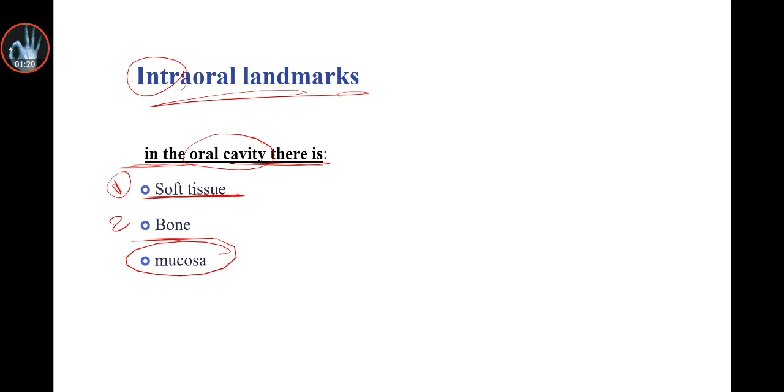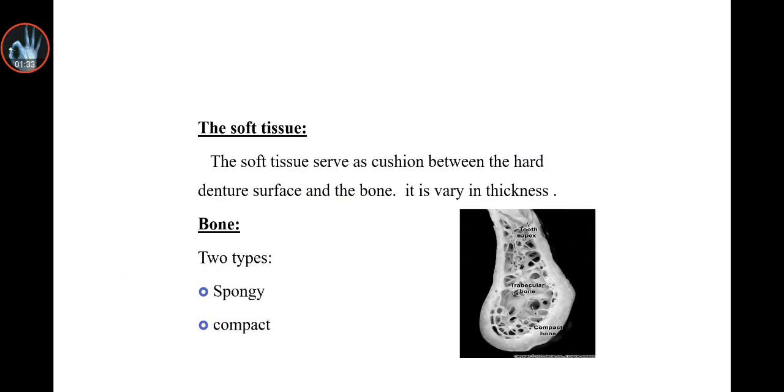داخل الفم في ثلاث أعضاء مهمة أو ثلاث تركيبات مهمة، هي السوفت تيشيو وهي الأنسجة الناعمة، والبون العظم، والميكوزا الأغشية. In the soft tissue, the soft tissue serves as a cushion between the hard denture surface and the bone، يعني مثل الوسادة.